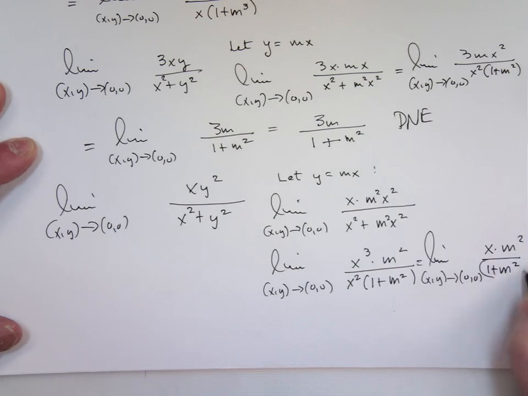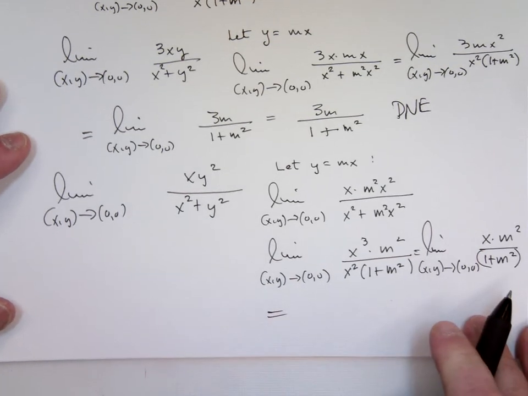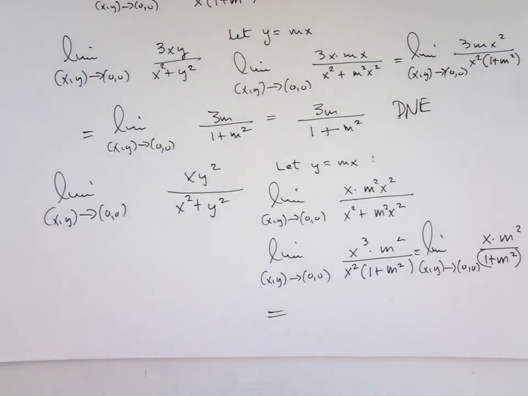Now, let's see what's happening here. You've got m squared over 1 plus m squared. m is some constant. Different m's will give us different numbers for that m squared over 1 plus m squared. But they're all getting multiplied by x. And what is x doing? Where is it going? 0.